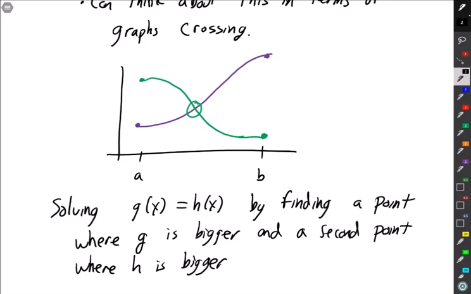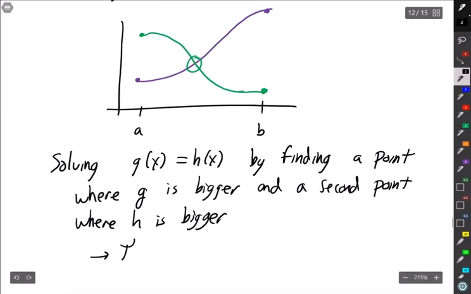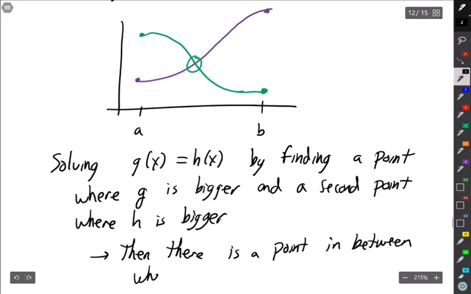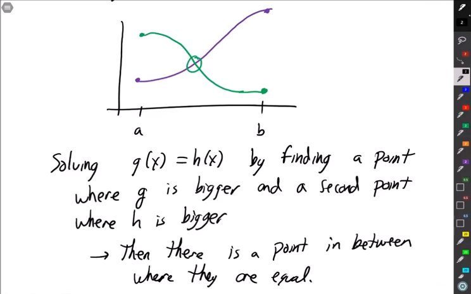At 0, the cosine 1 is bigger because it's equal to 1, and at 4, the x squared is bigger because it's 16, a lot bigger than cosine and sine. So if you do it that way, then there is a point in between where they are equal. So you can use either of these methods to figure it out.